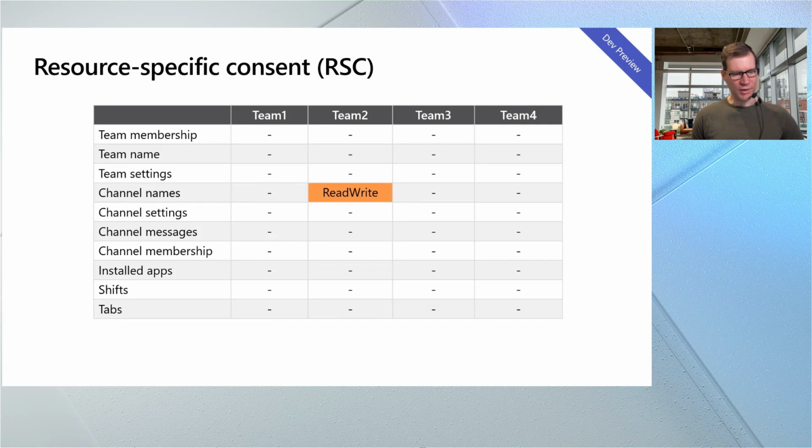And that allows some really powerful things, because once you narrow that down, you can start talking about non-admins giving consent. If it's just one team, you have this person called the team owner who can give consent to one team's worth of stuff.